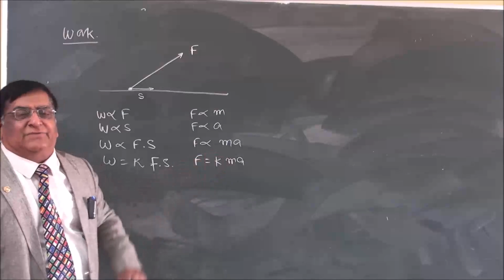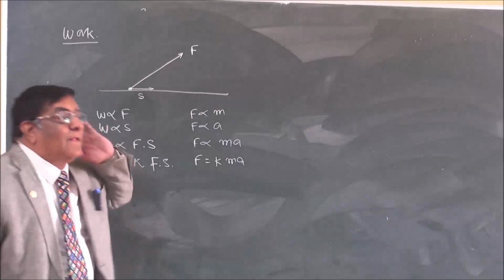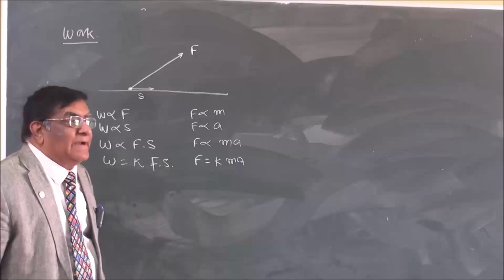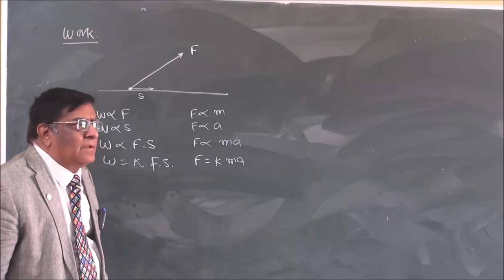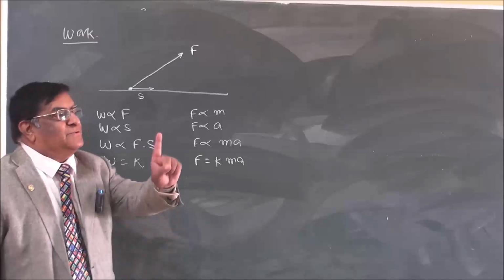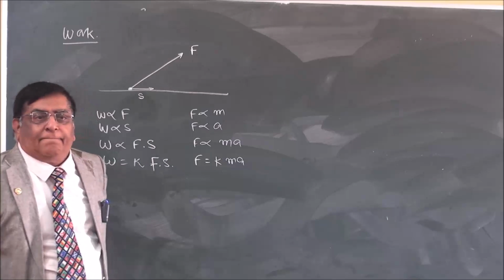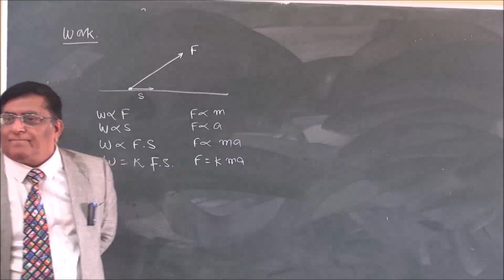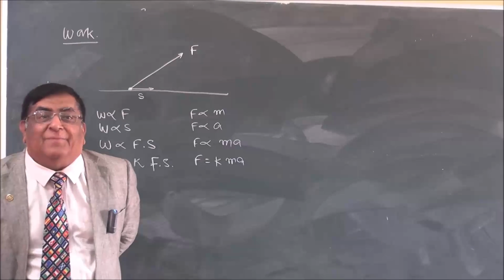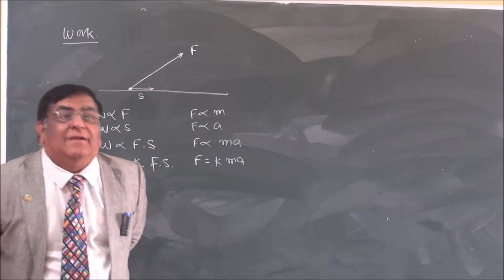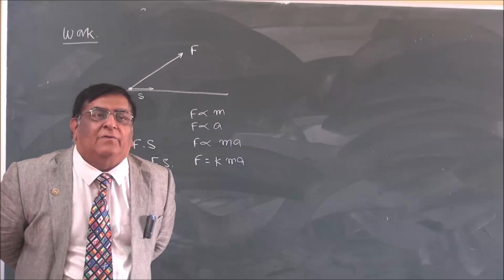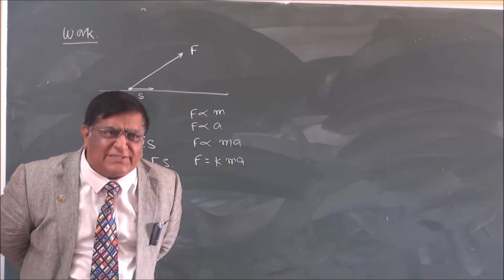How do you make this K as 1? K is independent of medium. But why is it 1? Force is constant?